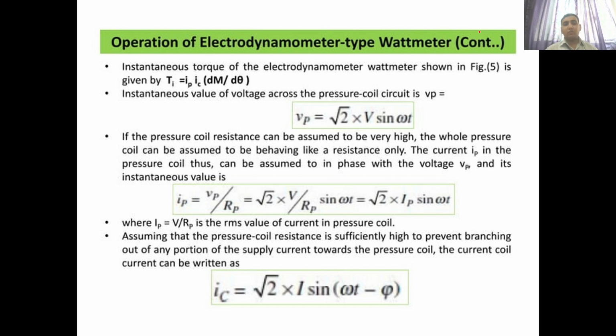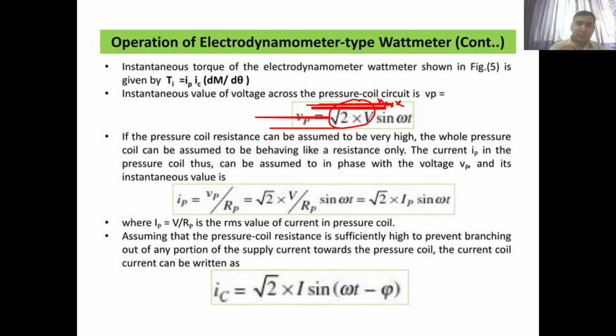The voltage applied across the pressure coil is root 2 V sine omega t, where V is the RMS value, so that the maximum voltage is root 2 V.